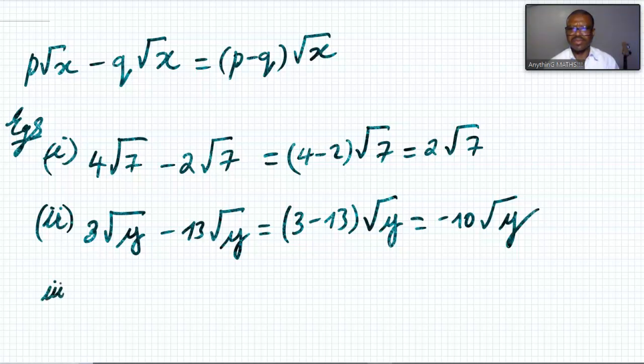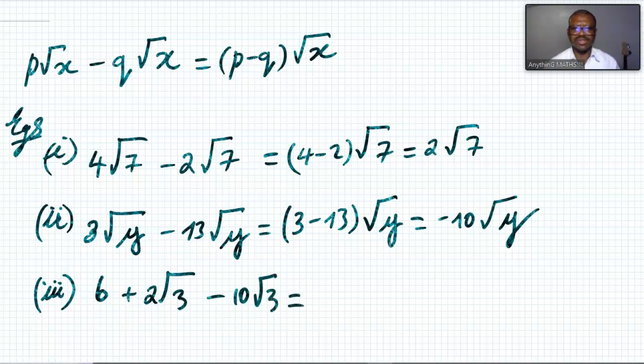Third example. We have 6 plus 2 root 3 minus 10 root 3. How do you do this? Now 6 has no root 3 attached to it, so there's nothing we can do.